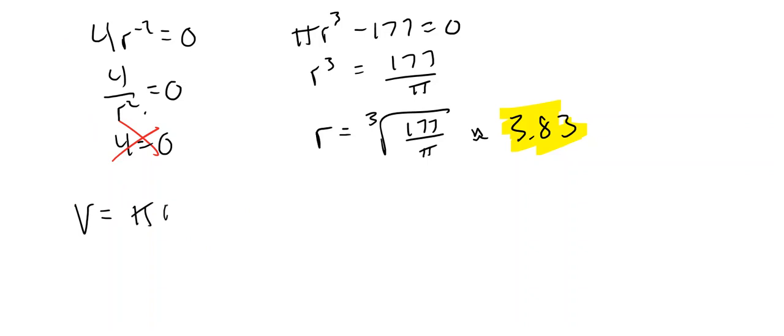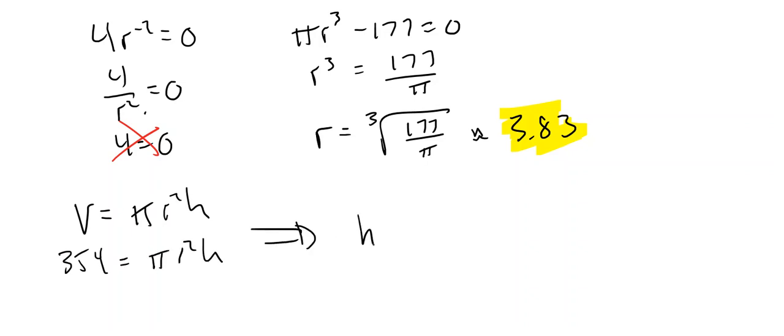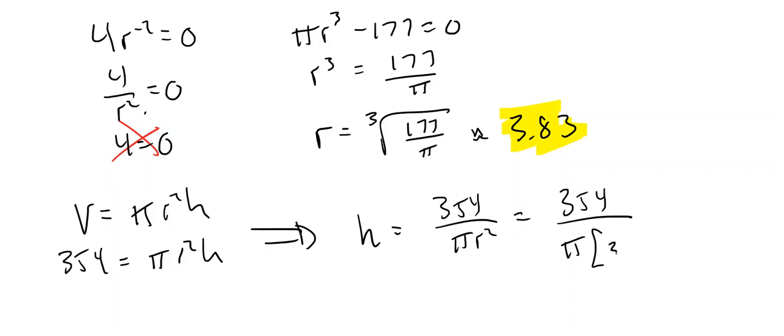And so remember, this was 354 equals pi r squared h, which gave us h is equal to 354 over pi r squared. So that means we have 354 over pi times 3.83 squared, which is going to give us approximately 7.68.